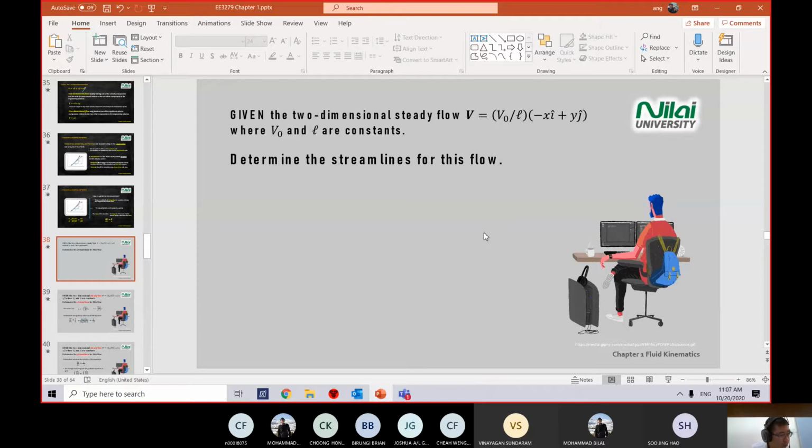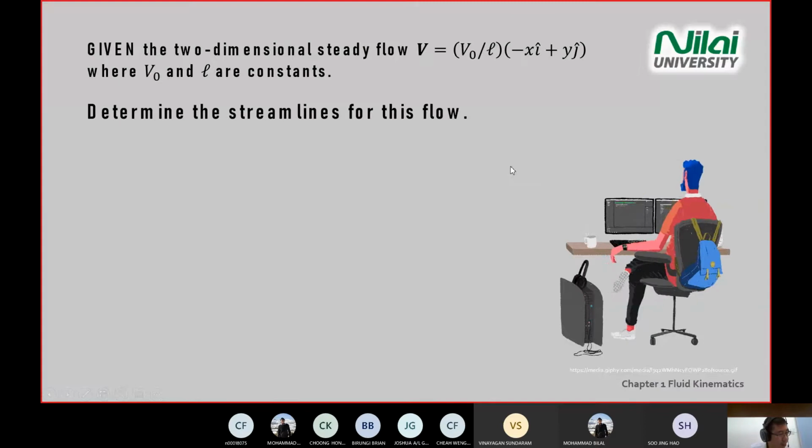On question 12, you see there's a velocity vector given. You see v equals v0 divided by L times x, vector j. That is wrong. Correct the j hat to i, as I show you on the screen right now. There's a typo there.